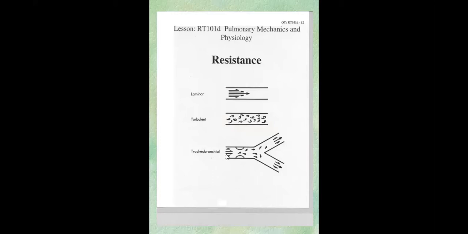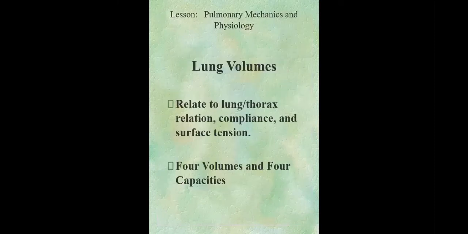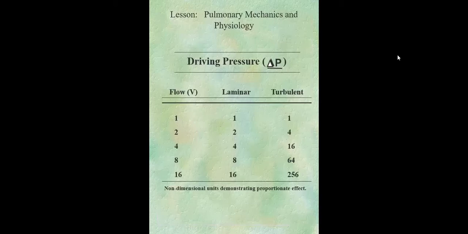Some of it will have a mixture of laminar and turbulent, and in some areas they call it mixed. Okay? You have either laminar flow, turbulent flow, or it may be a mixture.